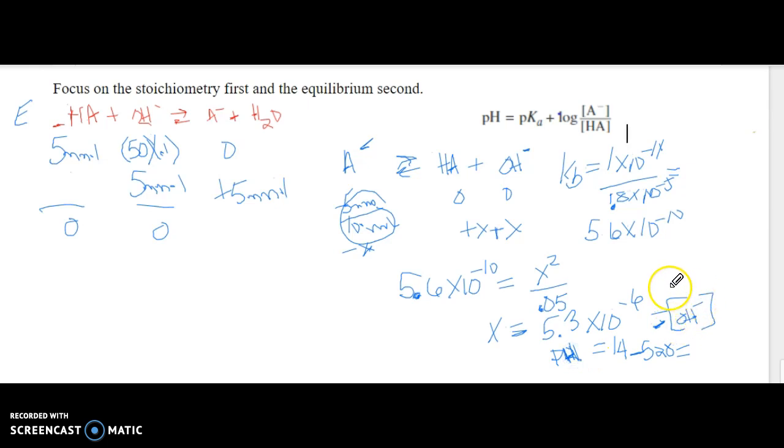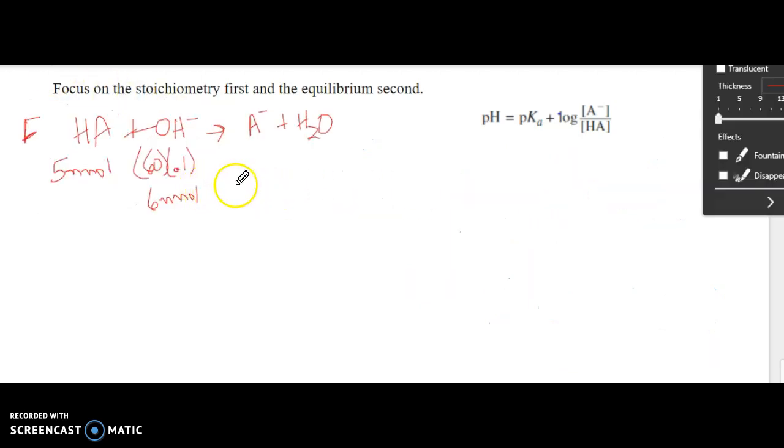So pOH is the 5.28. And 14 minus 5.28 gives us 8.72. And again, makes sense that this should be basic because we have an excess of hydroxide. Okay, and after we're going to see a little bit of a switch. At this point now the acid is the limiting, so we're going to have an excess of base.